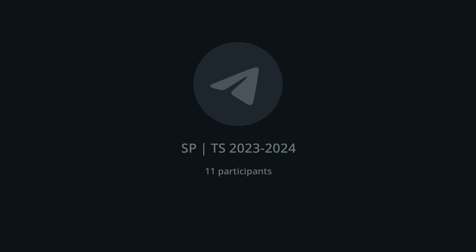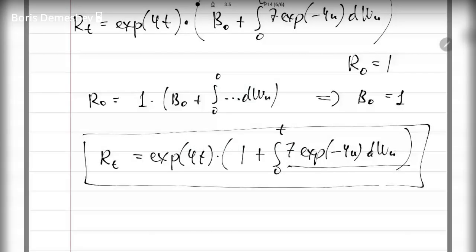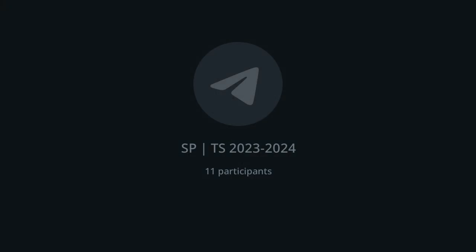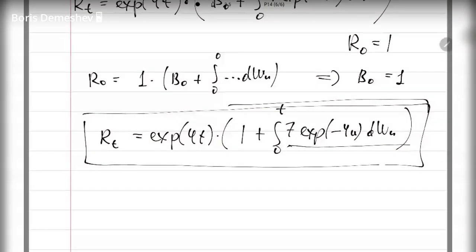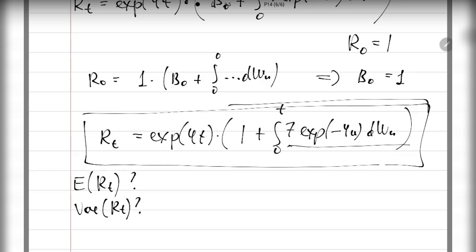We have an integral that can't be simplified. That often happens in the stochastic differential equation world, that some integrals can't be simplified, but that's completely okay. We can easily simulate it on a computer. We can calculate probabilities. We can calculate expected values. So, for example, let's calculate the expected value of Rt, or the variance of Rt in this model.